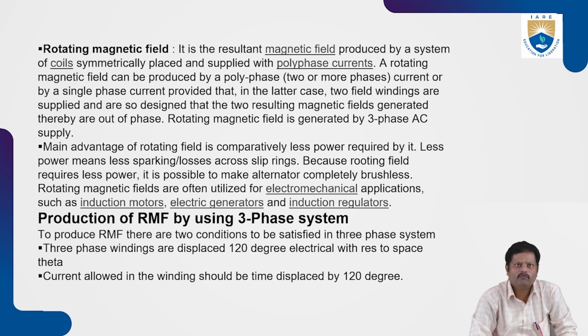Or it can be produced by a single phase current, provided that in the latter case two field windings are supplied and are so designed that the two resulting magnetic fields are out of phase. So the rotating magnetic field is generated by three phase AC supply.